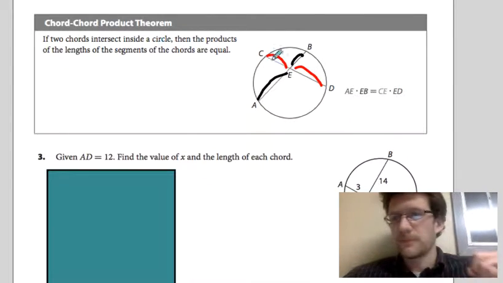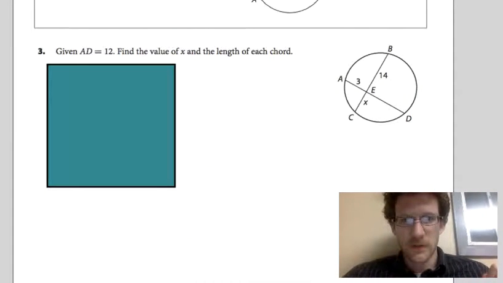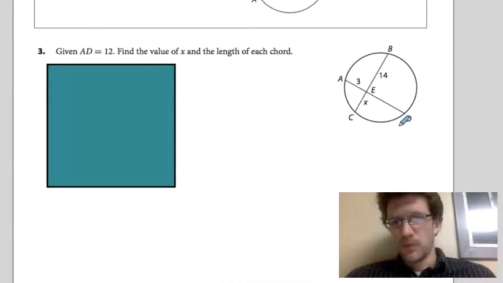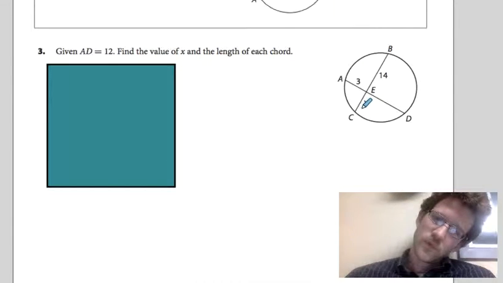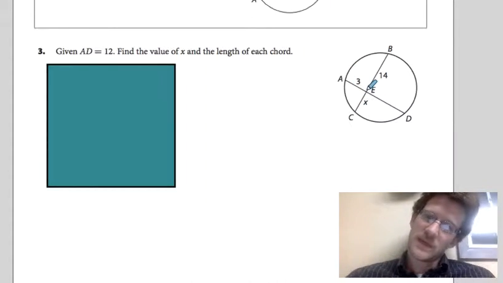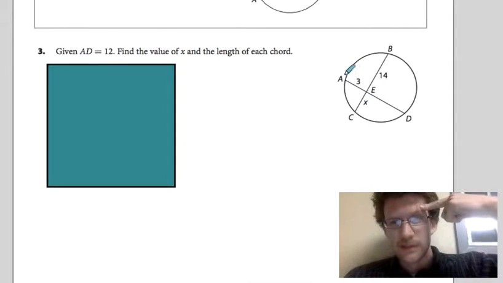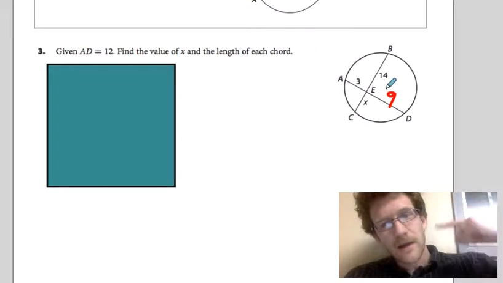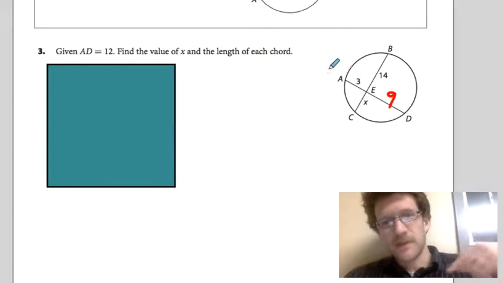So we'll do an example. Here's our example, number 3. The given is that AD is 12, and you have to find x. So we do some math: what is ED? Well, the whole thing's 12 and this part's 3, so this part's 9. The formula is I multiply them together.